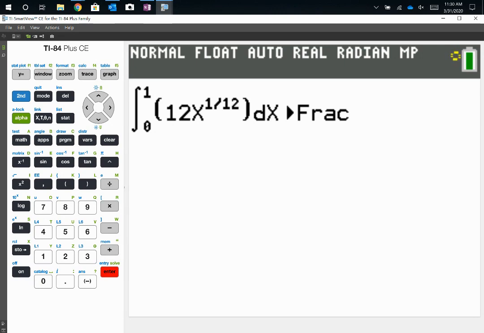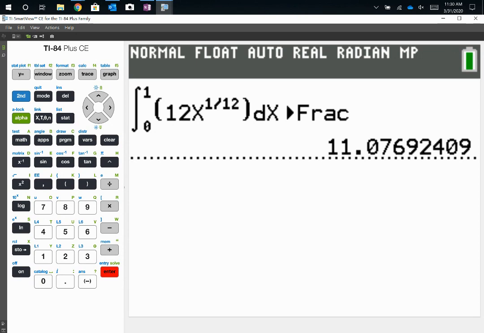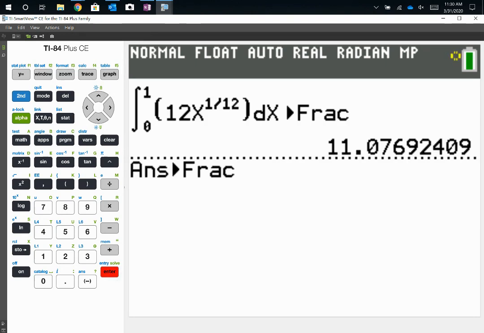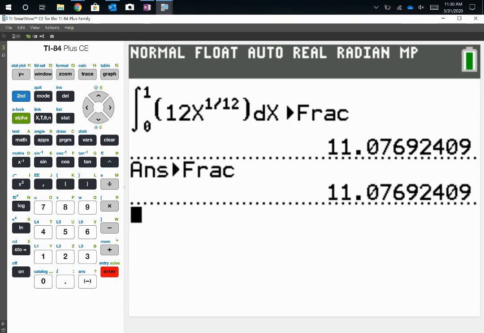Waiting on the answer here. Oops, this didn't come out. So math, fraction. Yeah, we're not going to get a fraction answer out of this, so you're going to have to actually work. Let me just try one more thing here.